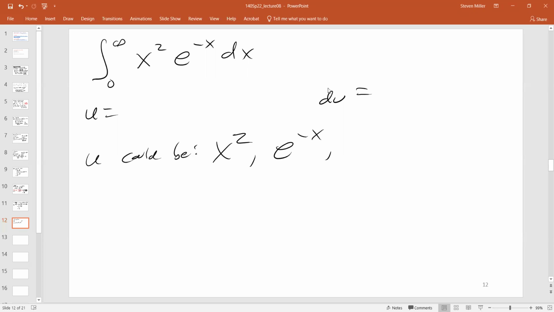I'm sorry? Well, negative x and x is really the same thing. It's up to your minus 1. But you could just do x, which is the same as your negative x. So it could be x squared. It could be e to the negative x. It could be x. What else could it be? There is one other possibility.